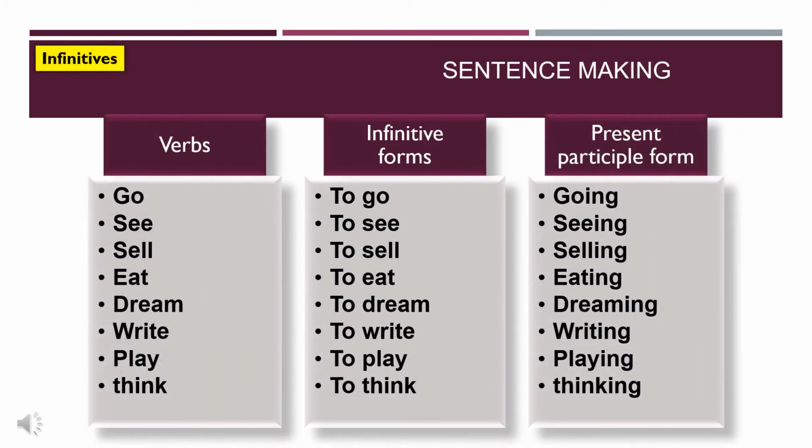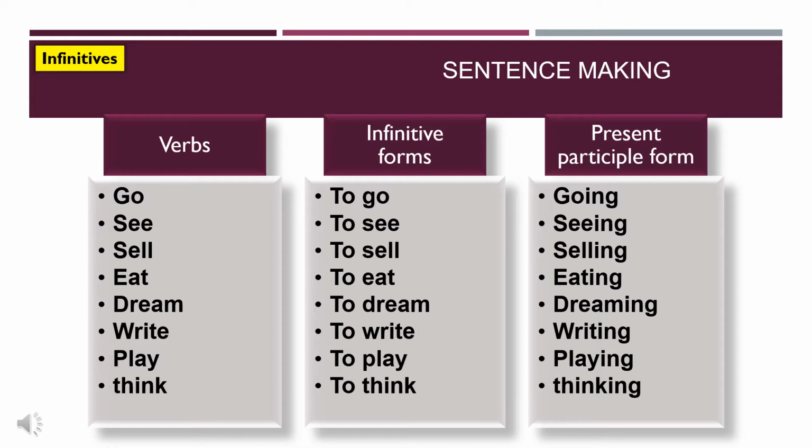Let's check with some verbs and find how we can form infinitives from those verbs. Let's take a verb like go, and you just put a "to" before go and you get an infinitive, to go. Likewise, see is a verb. You just put the preposition "to" before see and you will get the infinitive, to see.